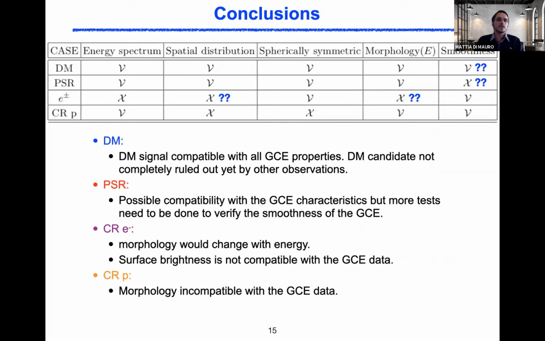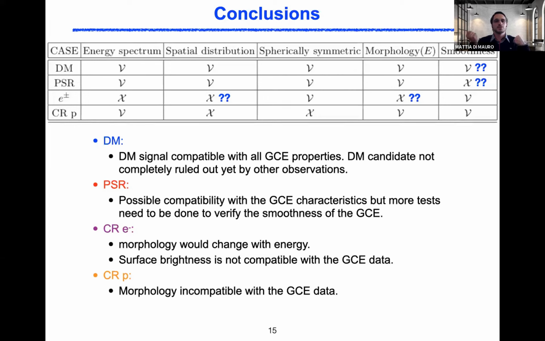In this table, I summarize the characteristics of the different interpretations. One of the main things where we have to work more is the smoothness of the galactic center excess, that is, whether it is something diffuse or something more compatible with the point-like scenario, and this will help, for example, to disentangle between the pulsar and the dark matter interpretation.